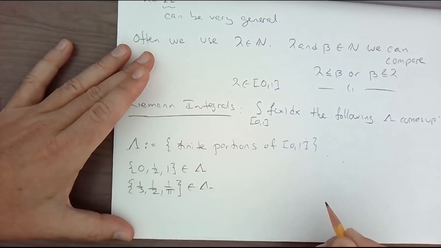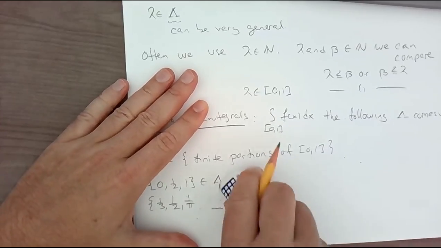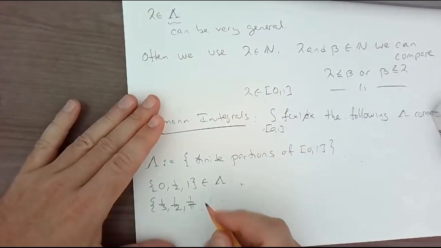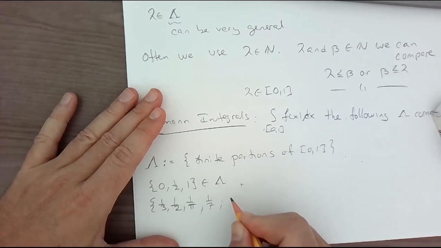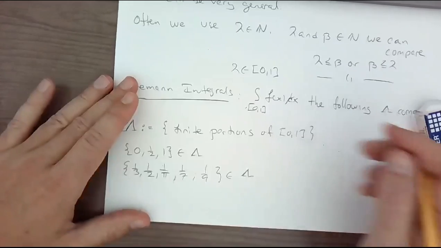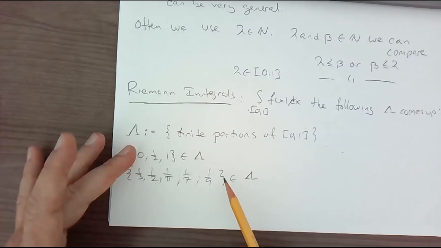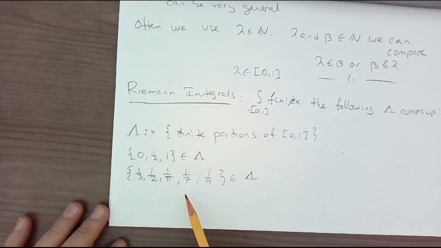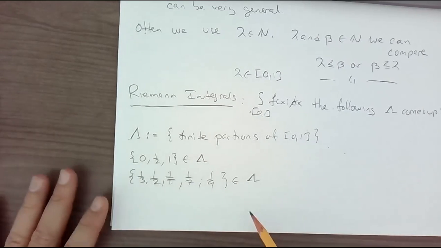This is an element in lambda. It doesn't have to be just 3, right? It could be a lot more. You could have a seventh and a ninth. These are all finite partitions of the interval. Typically you order them, so the smallest one comes first, but not even that is necessary here.